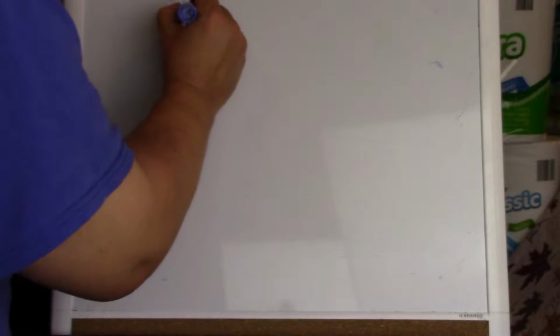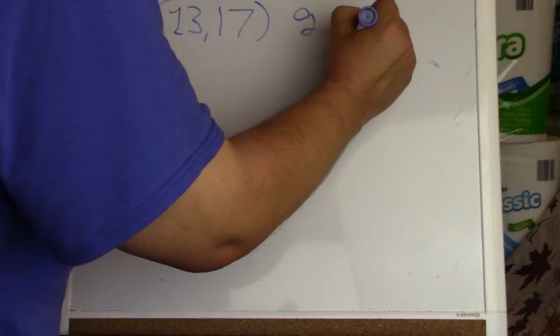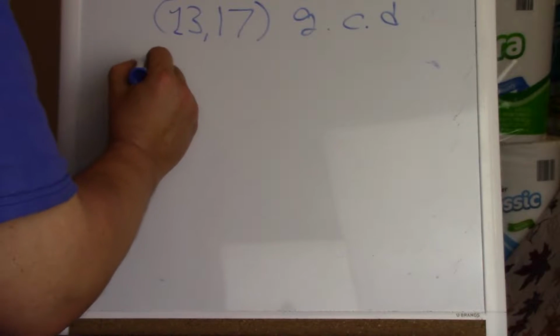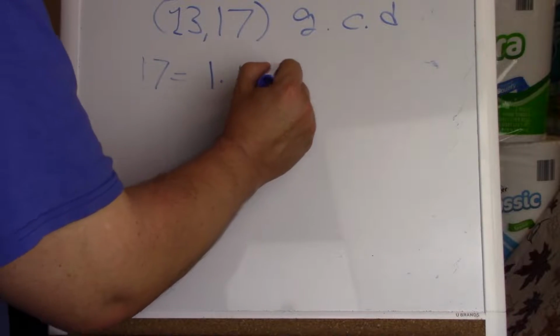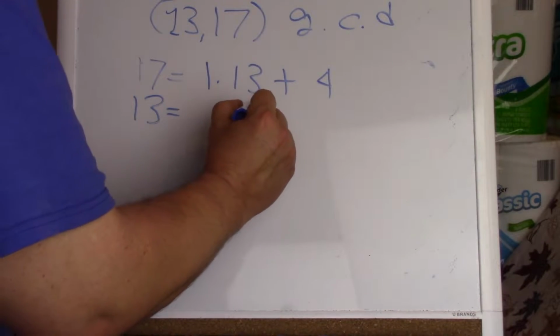If we do the greatest common denominator of 13 and 17, we know it's going to be 1, but if we figure it out this way, I mean, we already know the answer.